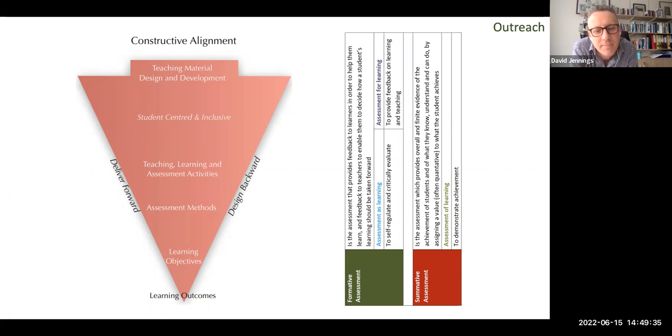As you can see from the triangle on the left, embedded in the center is the whole concept of student-centered and inclusive. It is fundamental to what universal design is in terms of providing clear outcomes and objectives, giving assessment opportunities, formative and otherwise, and embedding those into one's teaching practice is really important.